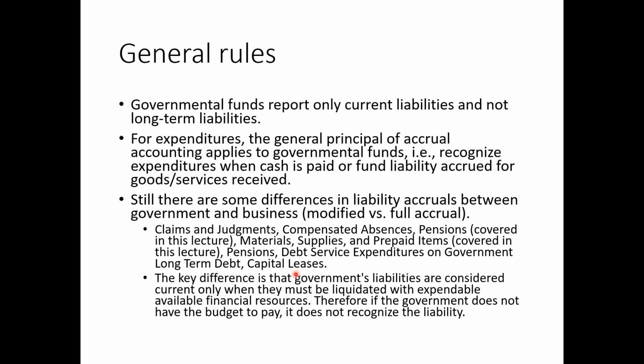So the key difference is the government's liabilities are considered current only when they must be liquidated with expendable available financial resources. Therefore, if the government does not have a budget to pay, it does not recognize the liability. If I owe you something and I do not plan to pay you currently, then I just do not recognize the liability and the related expenditure.